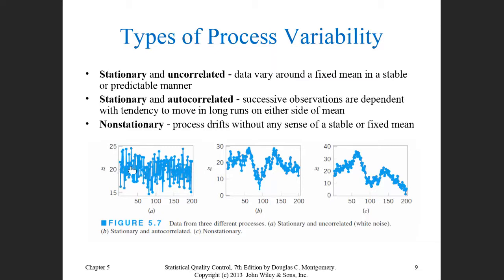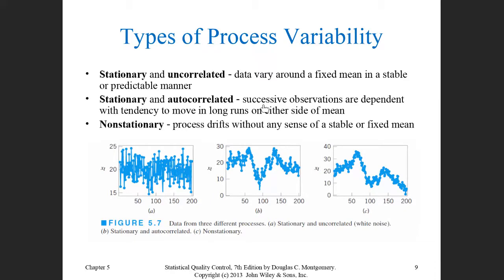These changes appear either above or below the center line. As you can see here, you can see the trend of the variability. It appears here above the mean, and then it appears again under the mean, and here upper or above the mean, and then it will go down under the mean.